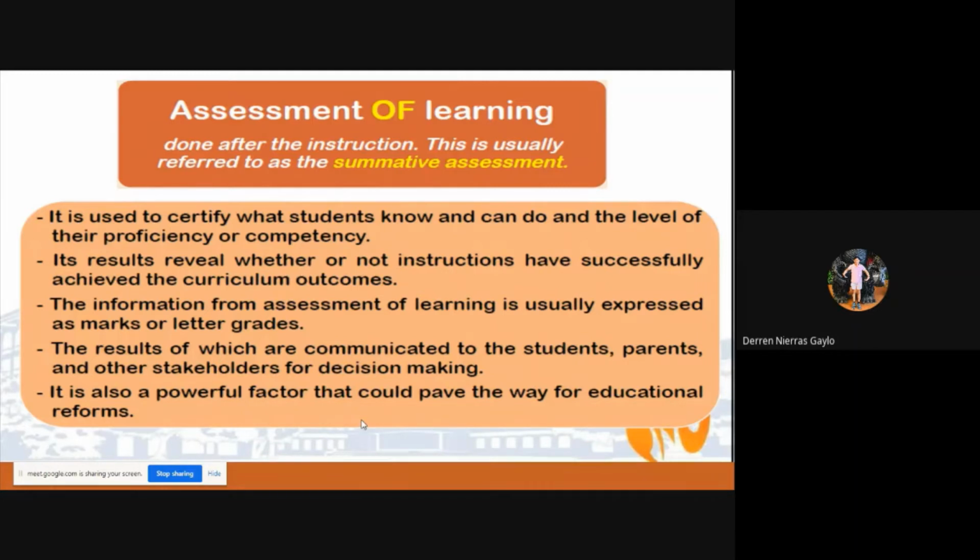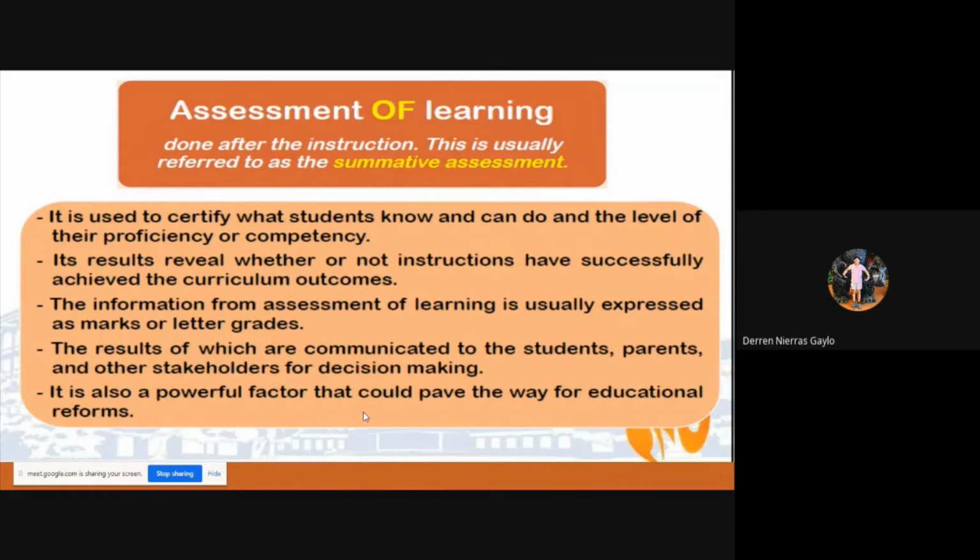So, in assessment of learning, it's usually more on giving a grade so that the parents and the principal and other stakeholders, also scholarship persons, can know what the student understood or what are the things that the student knows and can do.